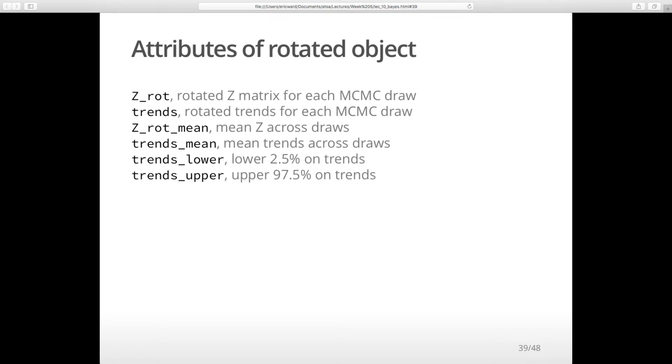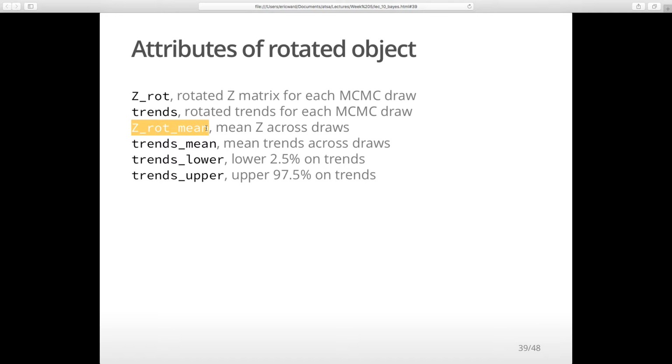So once we've rotated those trends, we get a few different things out. These are just the different properties of the object. We get z underscore rot, which is the rotated z matrix for every individual MCMC draw. So if you have 1,500 draws or 1,500 samples of the posterior, you're going to get 1,500 z matrices. Same thing with the trends object.